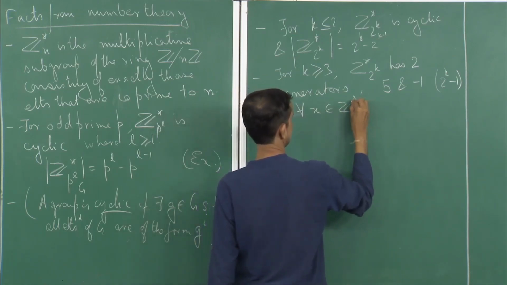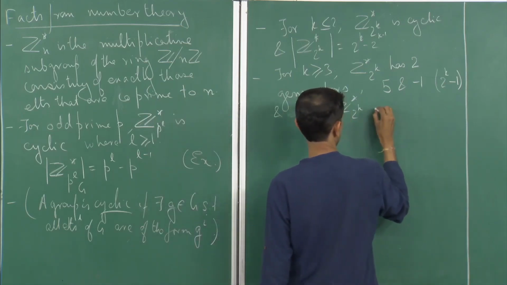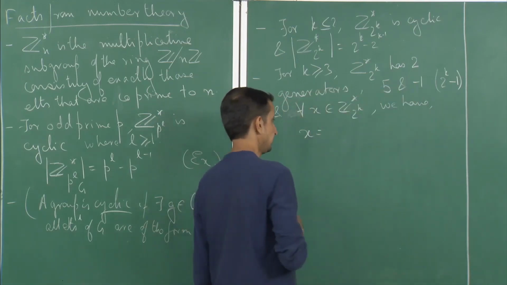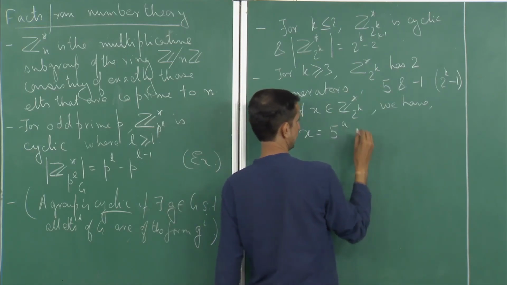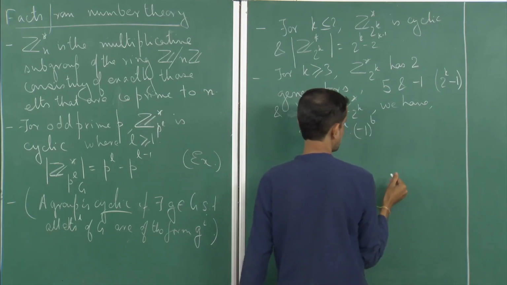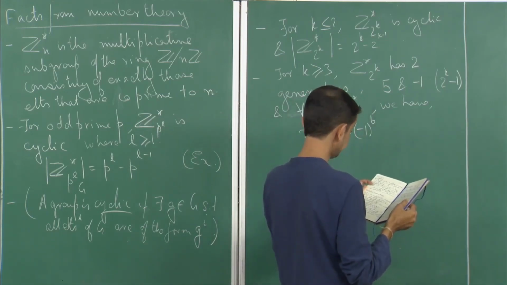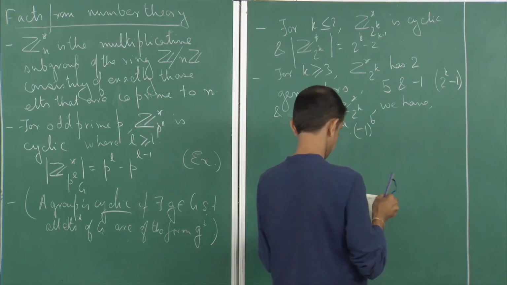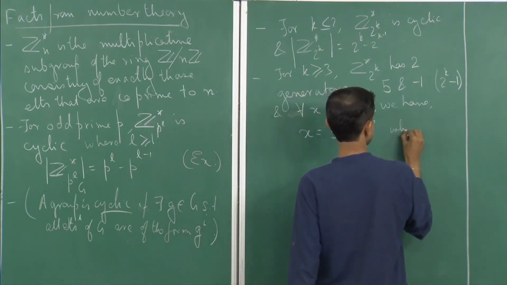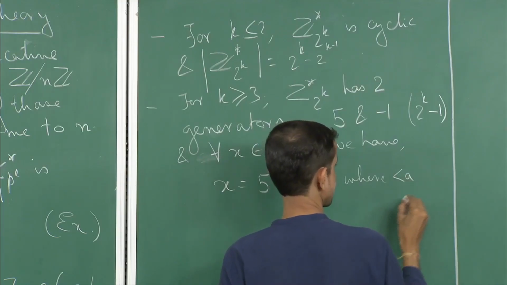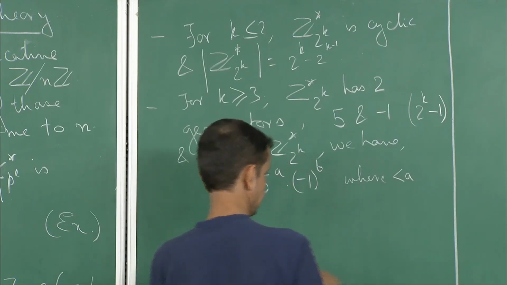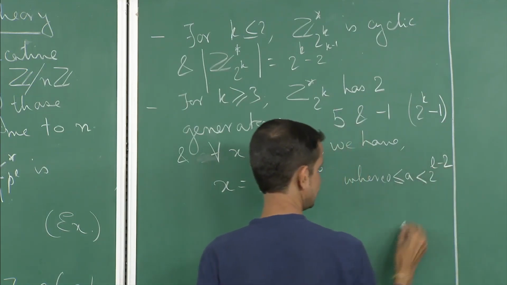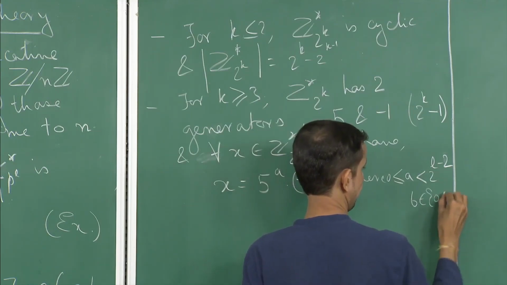For all x in Z star 2 to the power k, x can be written as 5 to the power a times minus 1 to the power b, where a is between 0 and 2 to the power k minus 2, and b is between 0 and 1.